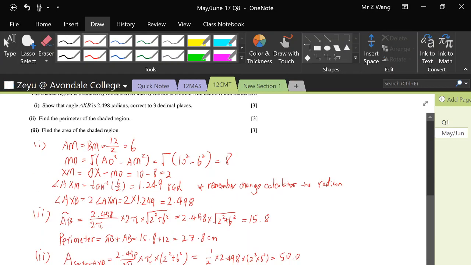So it's half times square root of 2 squared plus 6 squared, times square root of 2 squared plus 6 squared, times sine 2.498.